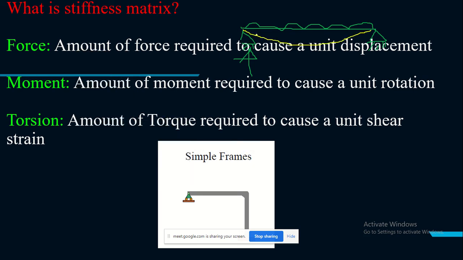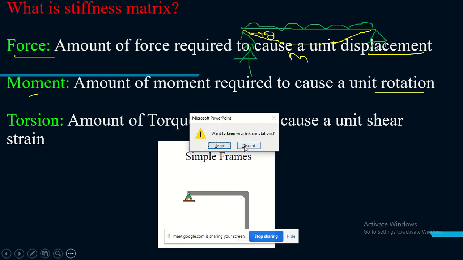When it deforms here, there is some theta, and that is caused by the moment. So the point is forces cause displacement, moments cause unit rotation, and torsion causes shear strain. That's the first thing you need to know.